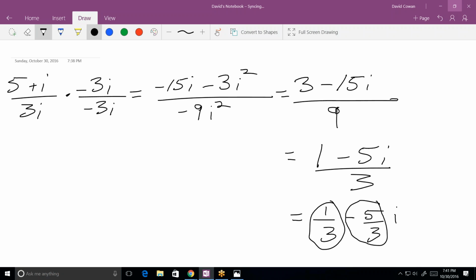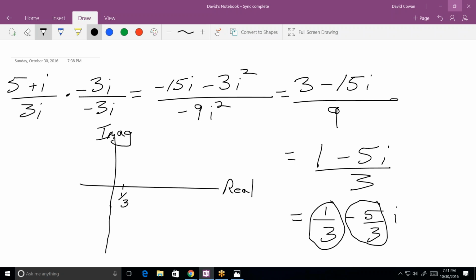In other words, at some point, they're going to talk to you about graphing these. And the way you graph an imaginary number is that's the real axis, this is the imaginary axis. If I were to graph this bottom number, there's the 1/3. And now I go to minus 5/3 on the imaginary axis.